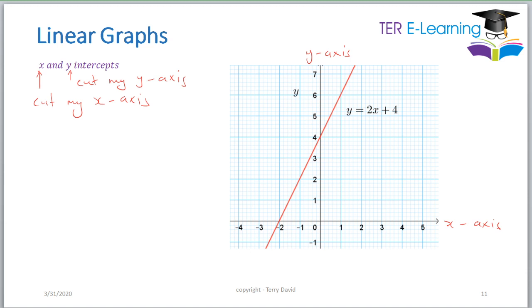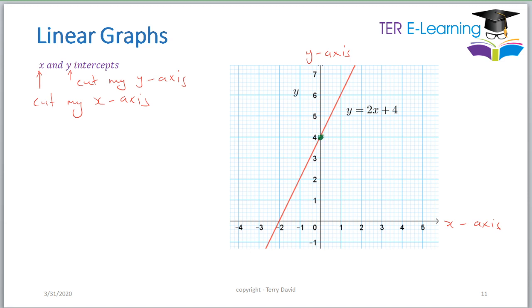Daryl got 4, so I'm seeing people get 4 as a y-intercept. But here's the thing: if in the exam somebody asks you what is the y-intercept, they're going to ask you for a coordinate. The y-intercept is a coordinate, right? So my y-intercept is here.